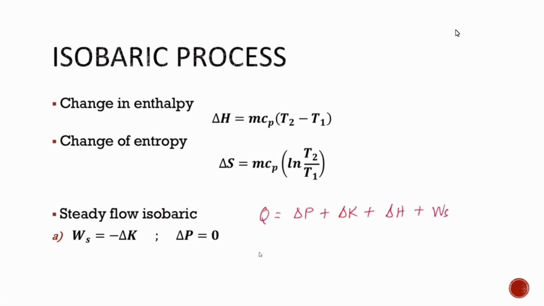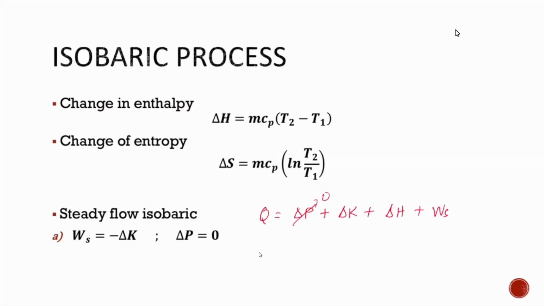Okay? So, assuming na yung ating potential energy is equal to 0, ang natira na lang natin is just the delta K and the delta P.